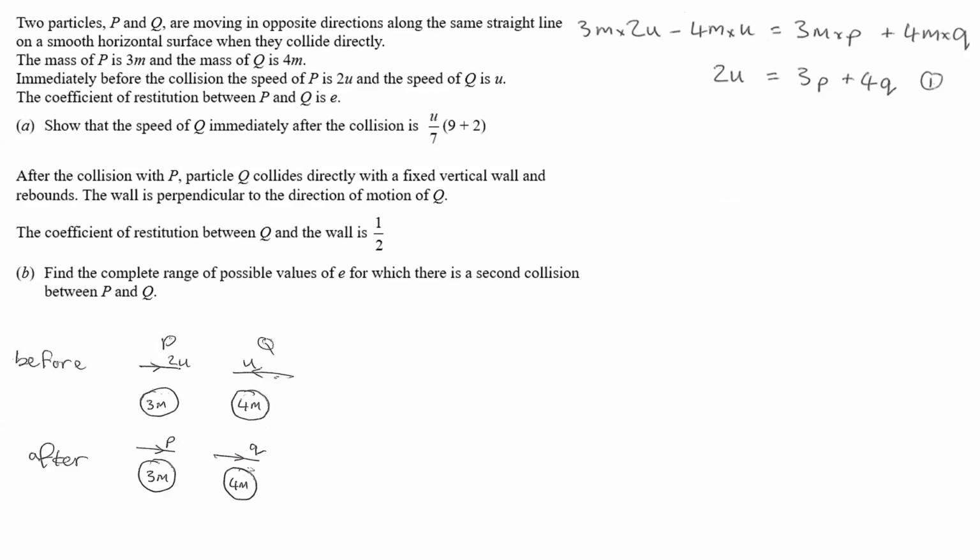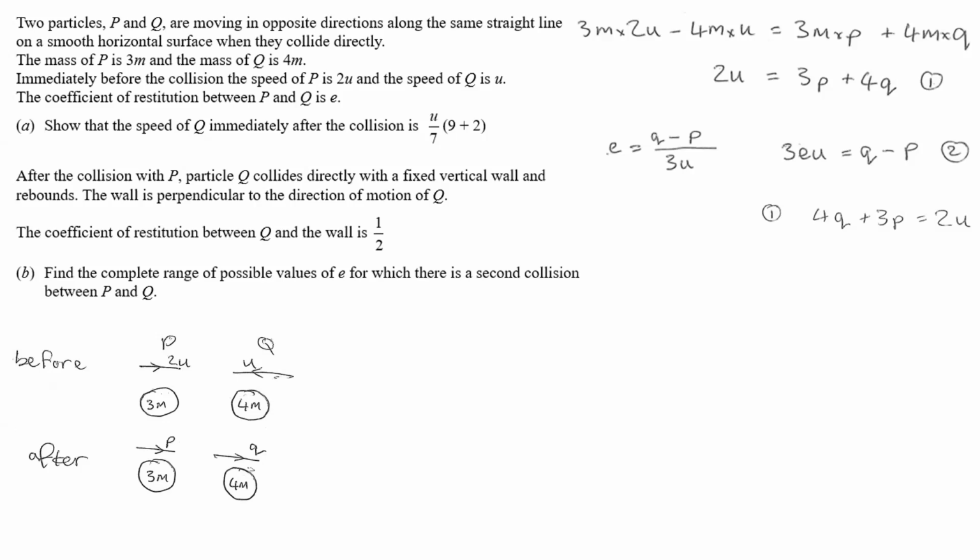I cancelled the M's and simplified it. And then I did Newton's equation. Now I put P and Q moving in the same direction, so the relative velocity is Q minus P over 3U, and rearrange that.